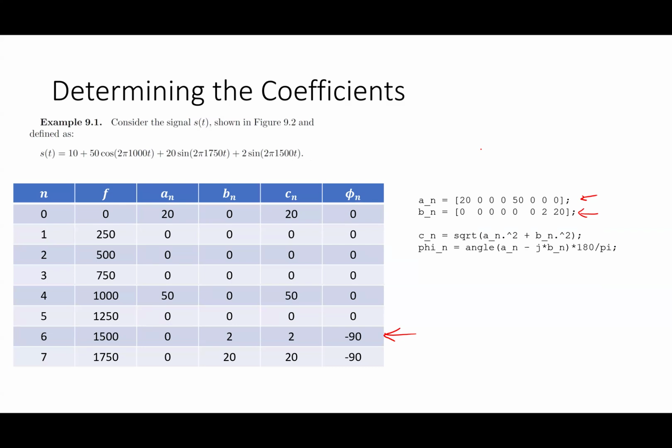So basically, we had this thing here. We said that I have an cosine n omega naught t plus bn sine n omega naught t.